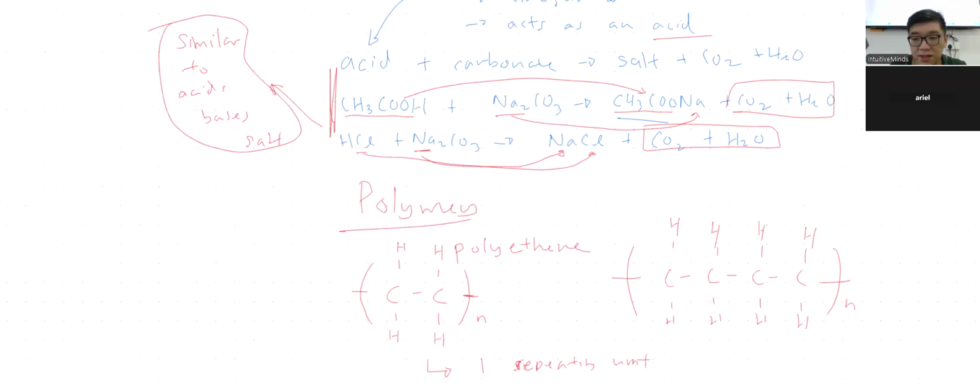This is one. This is two. And always put the bracket n here to indicate that the chain continues indefinitely.